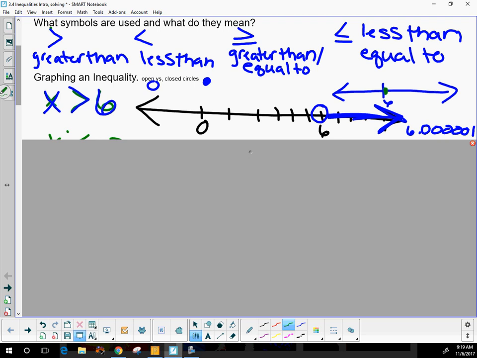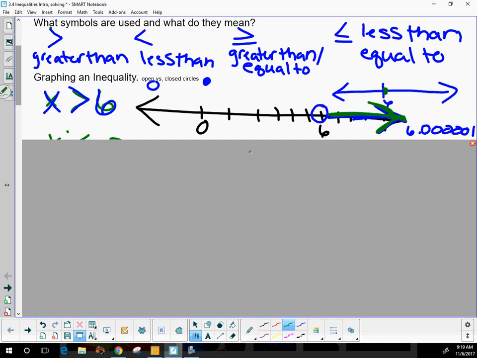That's kind of a challenge, and that's why mathematicians have developed this open or closed circle. I like to think of the open circle as like it's a hug, but there's nothing in it. I am not hugging the number 6. I'm leaving this big open circle of my arms, and I am choosing everything greater than that.